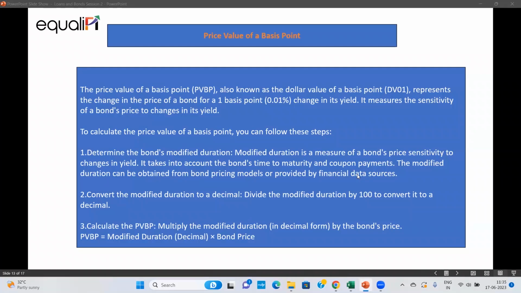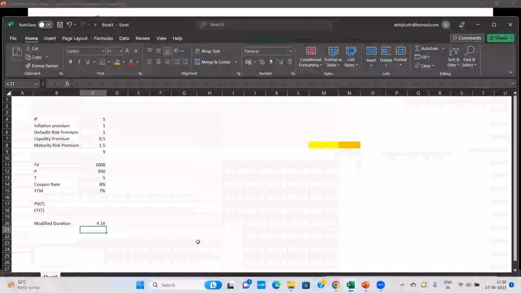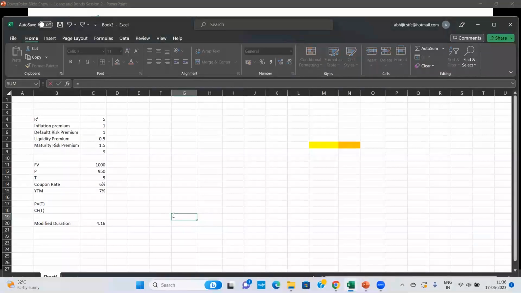Okay, one second, let me confirm it. 4.16 means 39.52. Yes, correct. So now what do I mean by this 39.52?